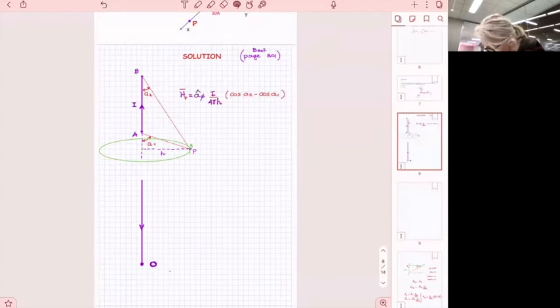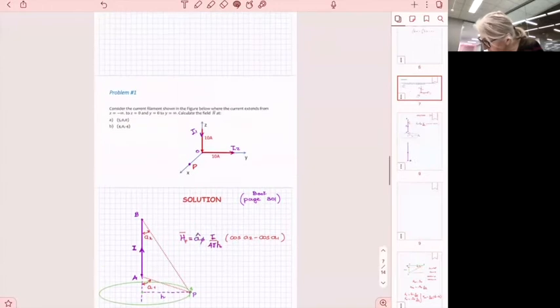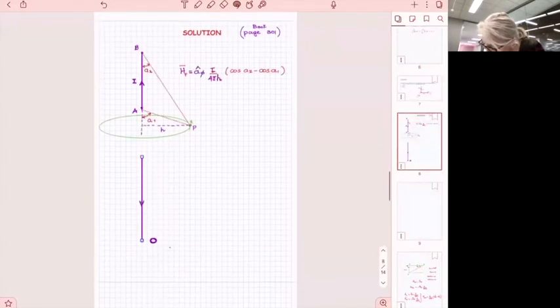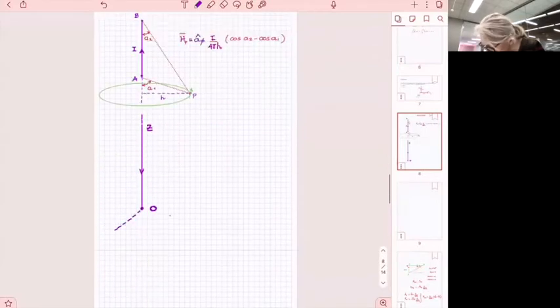And point P is, if this is the Z direction here, this point is along the X direction at P.